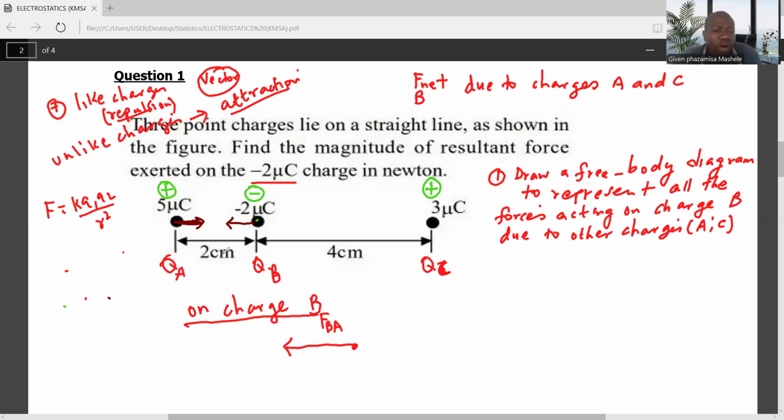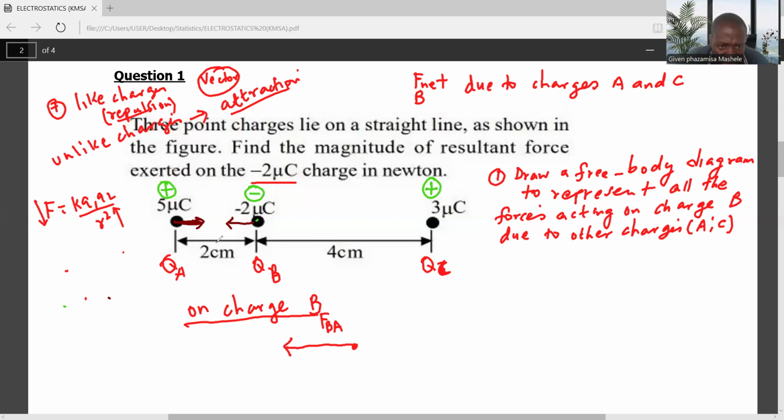So if you want to know which one will have a higher magnitude, we look at the distance. Remember we said that the force and the square of the distance are inversely proportional. What does this mean? The higher the distance, the smaller the force.